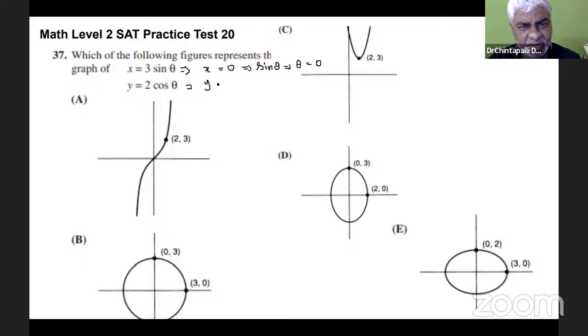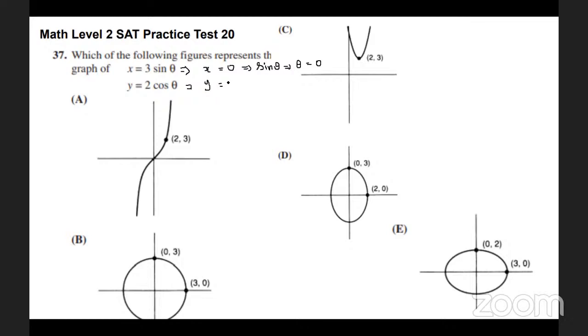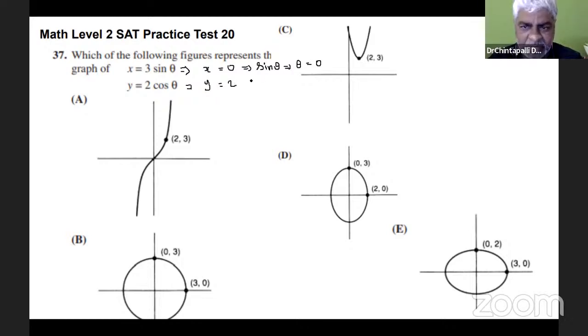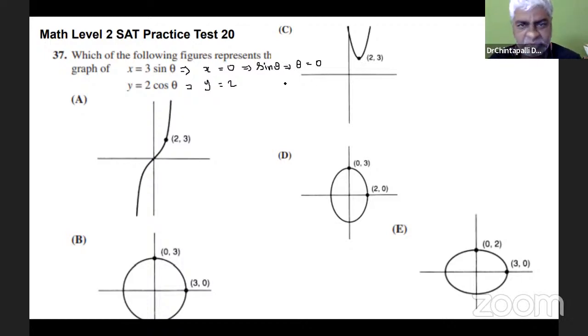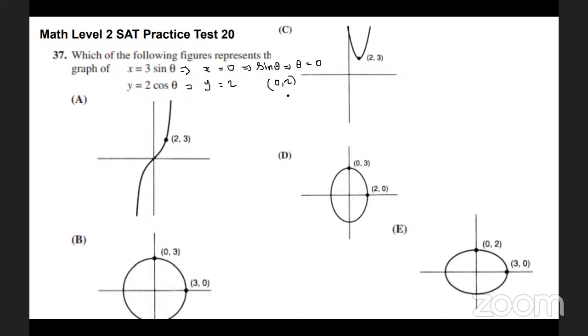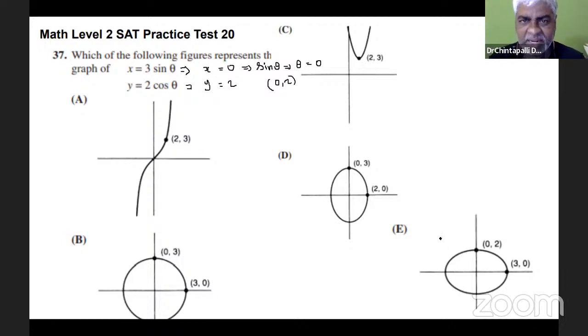Then what's the value of y? 2, sir. So 0 comma 2 is a point on it, right? Among these 5 graphs, which graph has 0 comma 2 on it? You know where the point 0 comma 2 lies? Look, option E is on the y-axis. Yes, option E only, right?